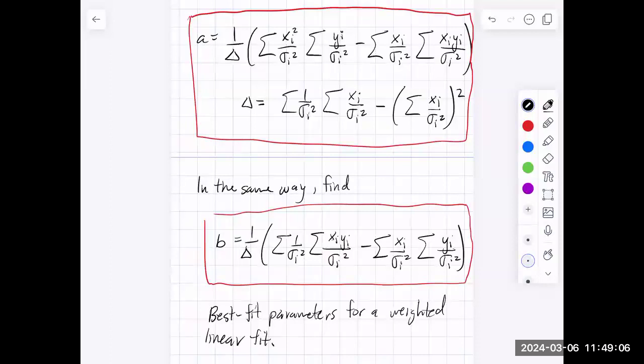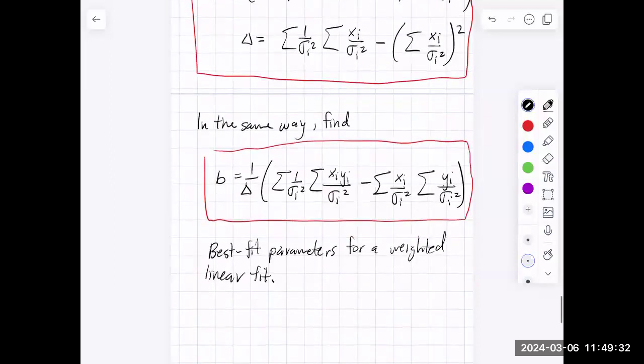The other thing to notice is that this delta doesn't involve the y's at all. So when we do our propagation of errors and we take these derivatives with respect to yj, this delta is just going to be a constant. So we won't have to take derivatives of the delta thing. It's only the stuff that involves the yi measurements.